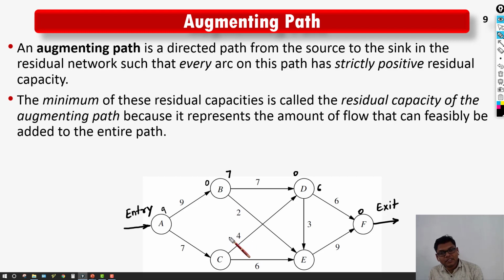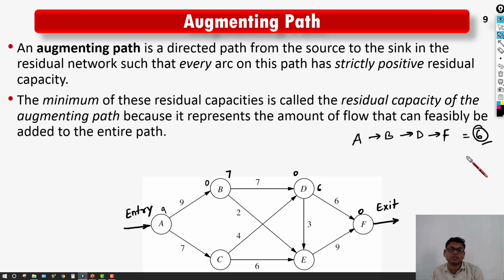Now, what is the capacity of this path? How much flow is possible through this path? That is decided by the minimum of these residual capacities. So 9, 7 and 6, which is the minimum? 6. Through this path, through A, B, D and F, how many trips are possible? So that is 6. So maximum 6 you can go.